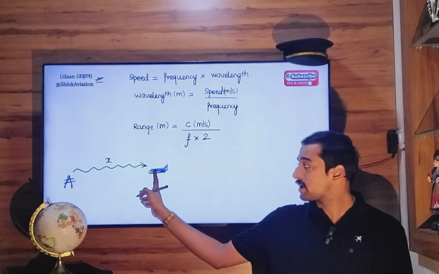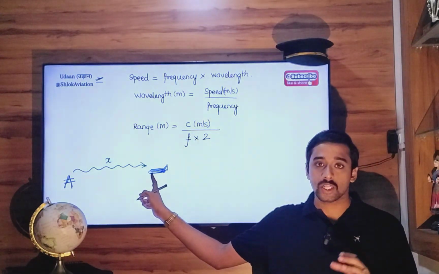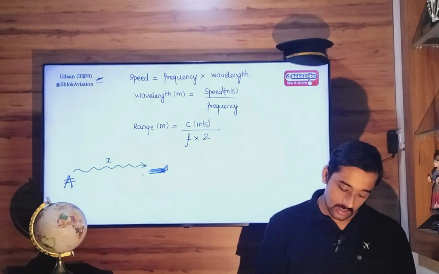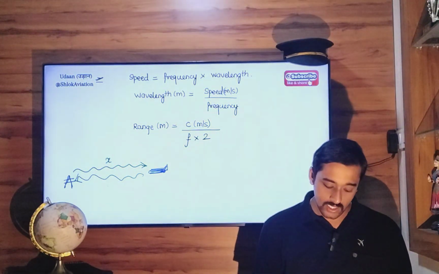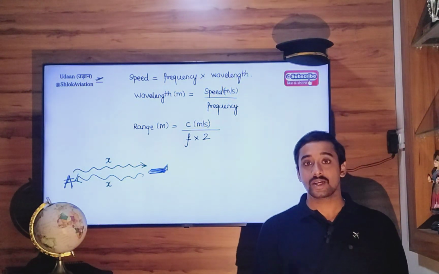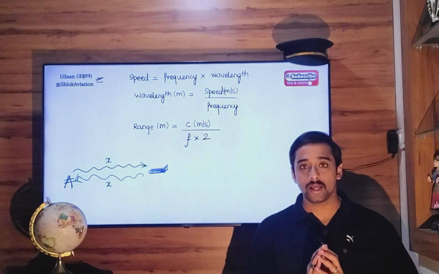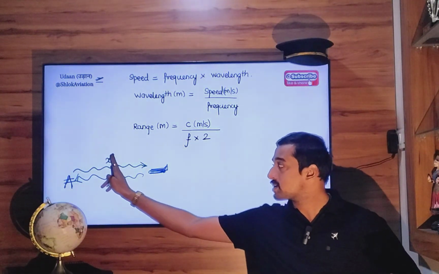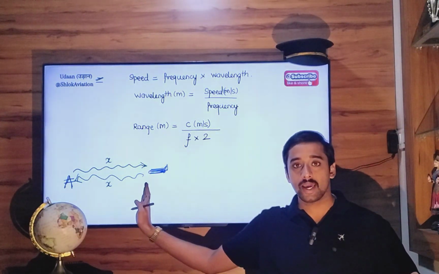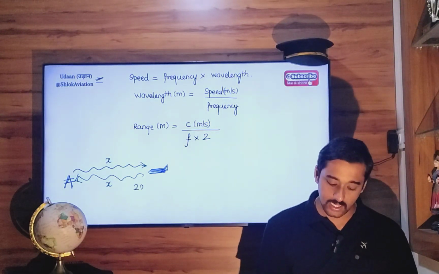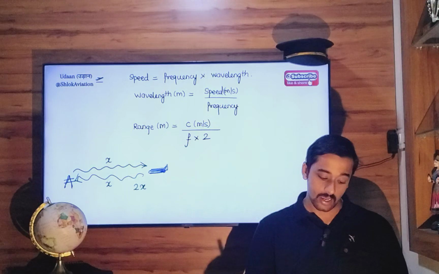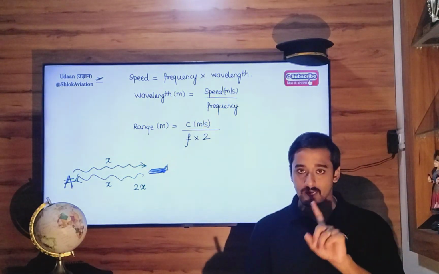It will reach the target, get reflected and come back to the transmitter. So the distance will be the same, x. The total distance traveled by the radio wave will be x one way, again x back, so 2x.